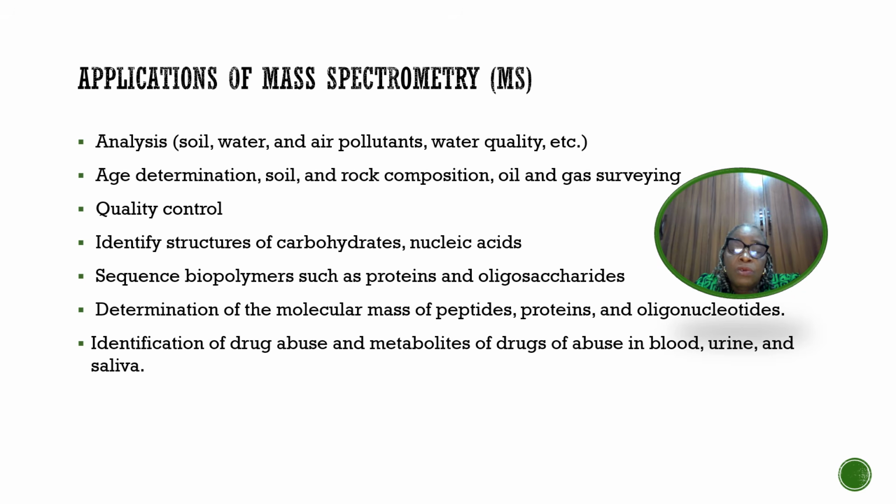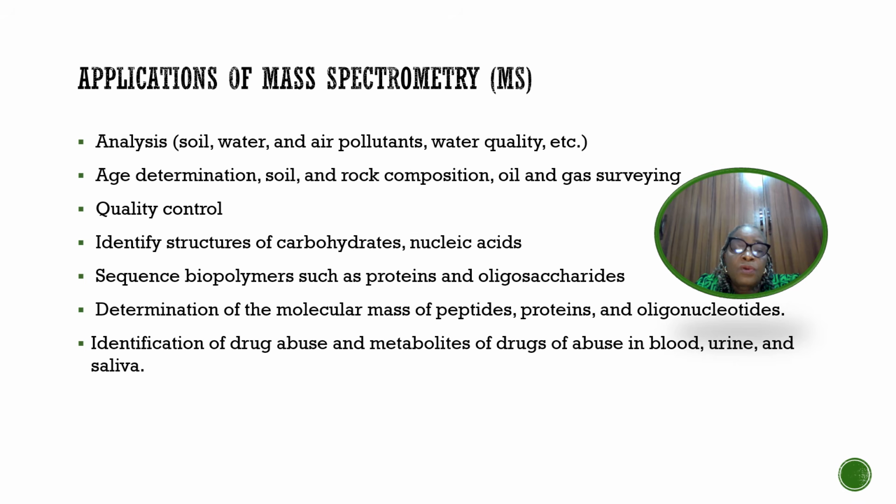It is also used for geochemistry, age determination of soil and rock, oil and gas surveying. It is used in the chemical and the petrochemical industry, very important for quality control. Very important in the identification of biomolecules such as carbohydrates, nucleic acids.